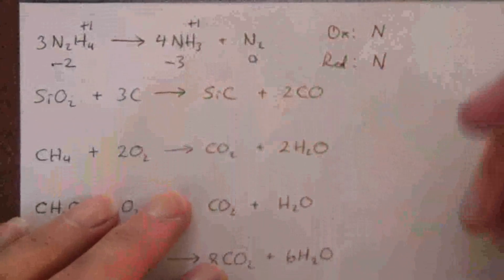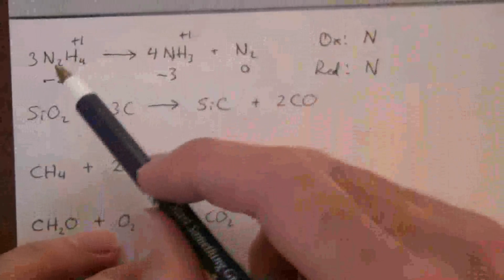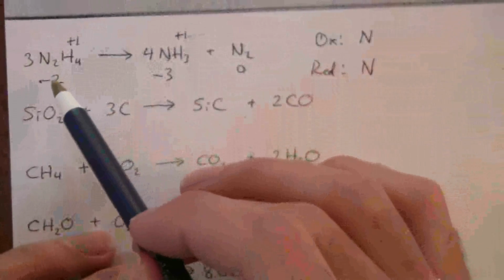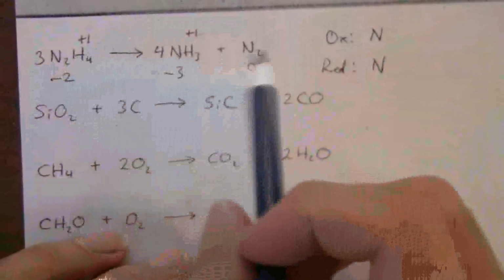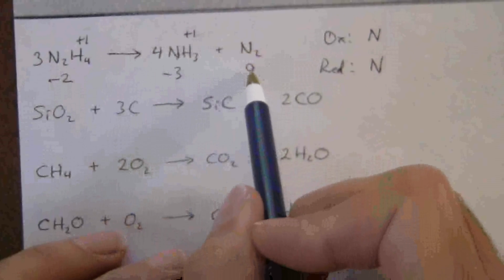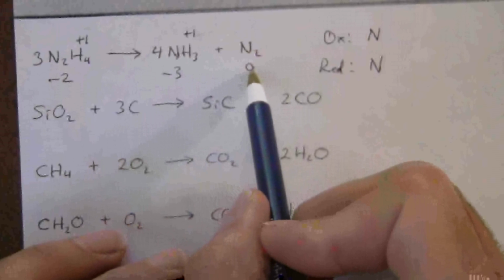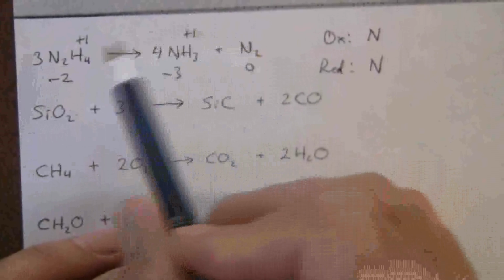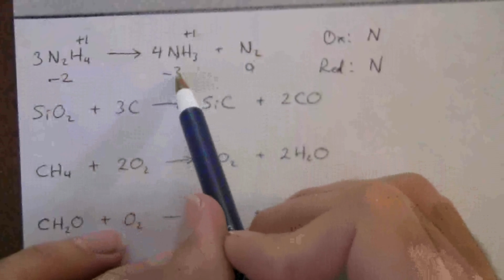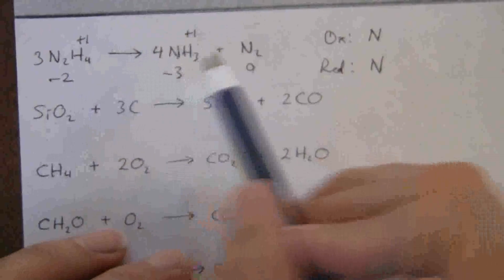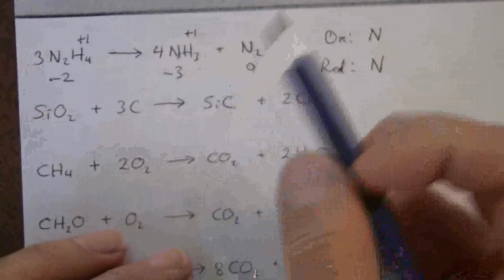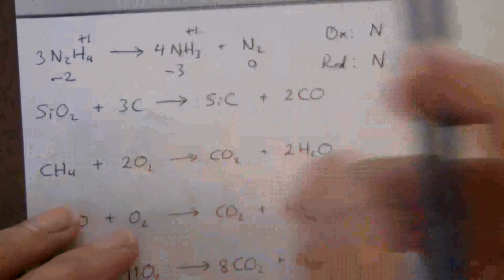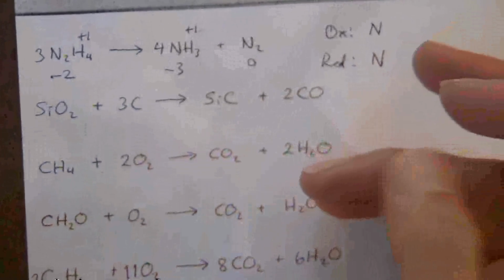And the hydrogen just kind of stays the same, right? But the nitrogen is oxidized to the nitrogen gas, and it's reduced to the ammonia at the same time. All right. Now, what's the oxidizing agent and what's the reducing agent?